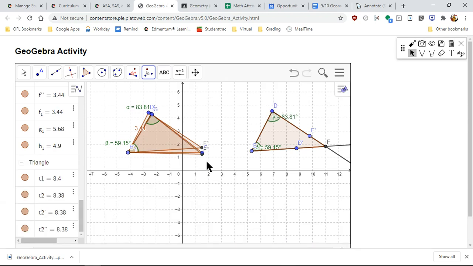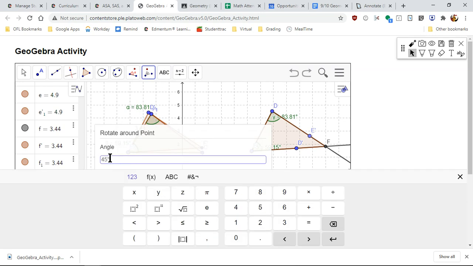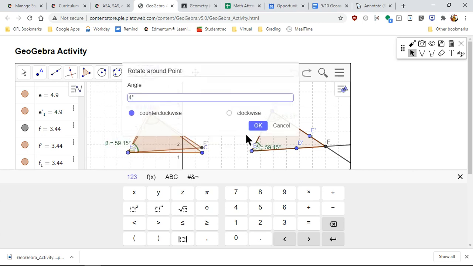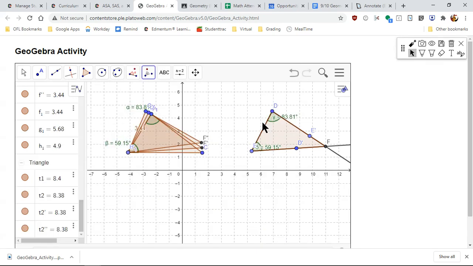Really, really close. I went a little extra. So you can see that I'm a little off. So I'm going to undo that. I'm going to try rotating again about this point because I want this point to be the same. So I'm going to try 4 degrees. Oops, I did it counterclockwise. Great.